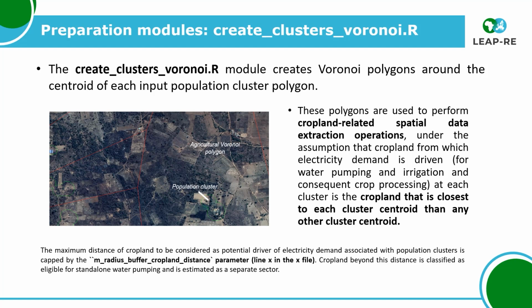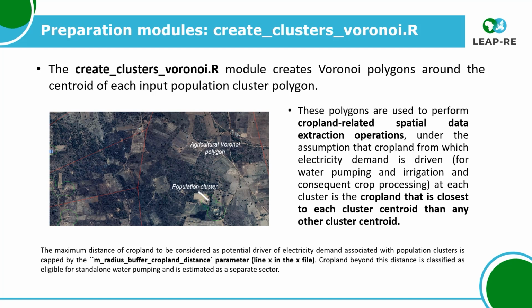There are different toggles that can be tweaked to adjust how these polygons are constructed. The most important one is the m radius buffer cropland distance parameter, which adjusts how large these cropland polygons should be, and this affects how different amounts of cropland are linked to different population clusters.